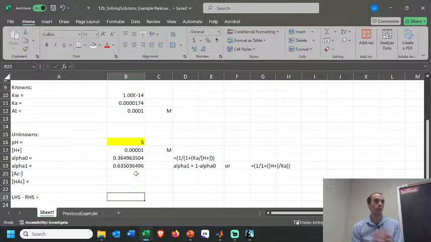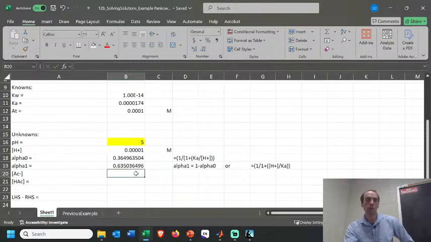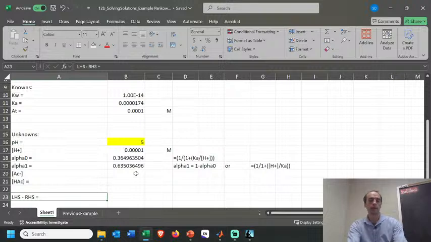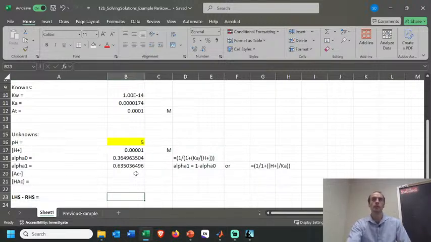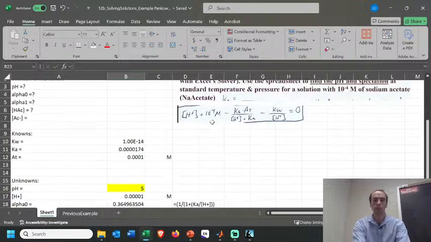That's kind of what we did manually that other time. So give this a moment to see if you can go ahead and put in some equation that'll find you AC minus and HAC, given what we have so far. And give a crack at this left-hand side minus right-hand side equation. I'm going to copy and paste this guy over here too.